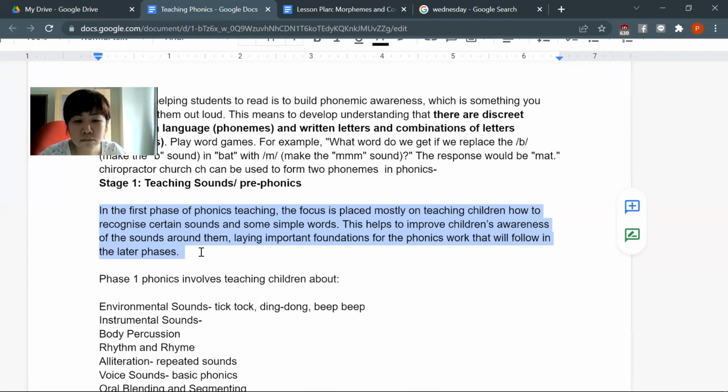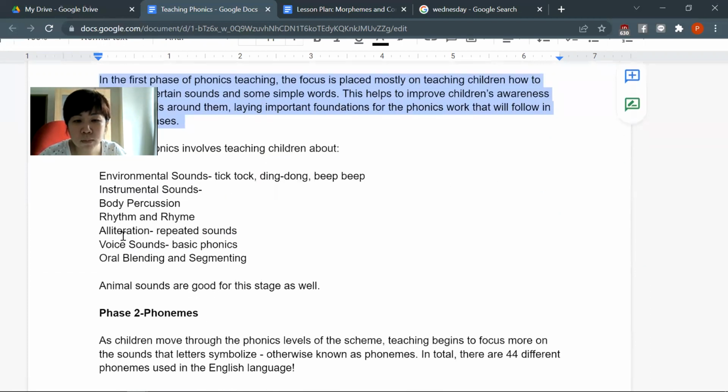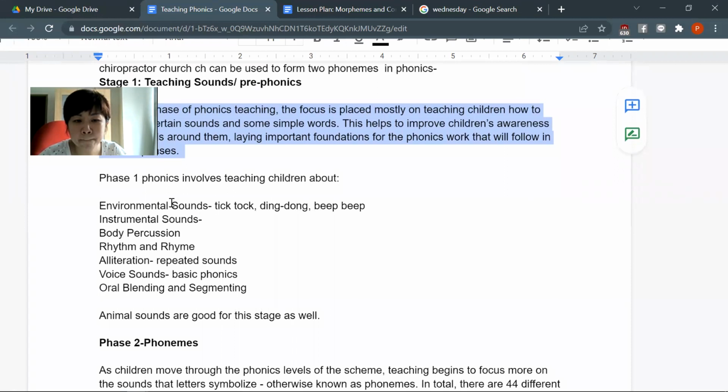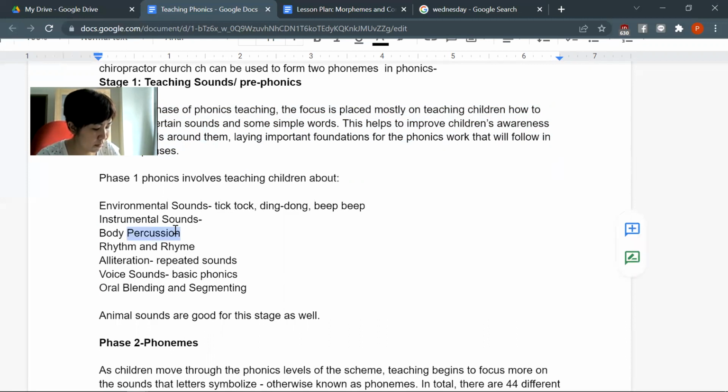Right. So they should learn environmental sounds, like the ones we talked about. Instrument sounds, or instrumental sounds, like the sound of a piano, the sound of a violin. Do you know what body percussion is?